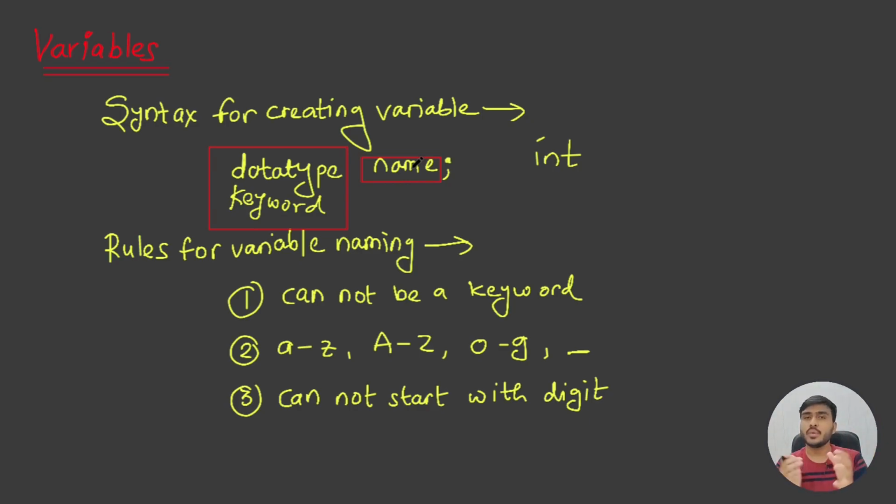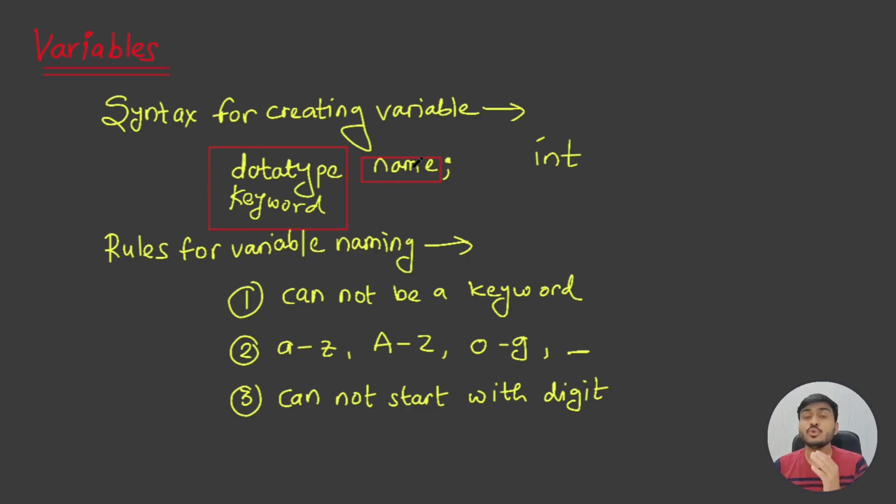So whenever we have a container, and in that container let's say we have rice, then we paste a name on top of it so that we can quickly identify that, okay, in this container rice is present. Similarly, whenever you are creating a variable, you will have to give a name to that variable so that we can easily reach that variable, because it's going to be present in the memory and we need to identify our variable. That's why we need to have a name for our variable.